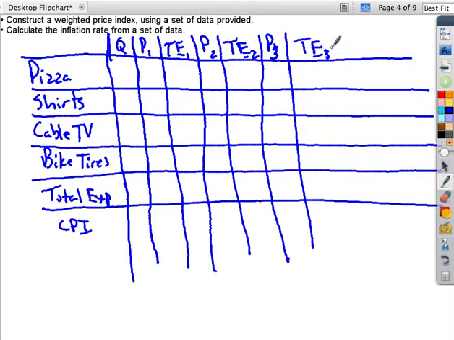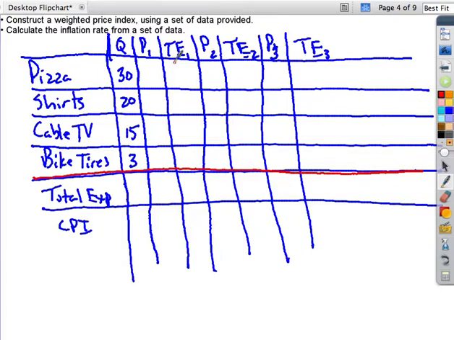All right. So let's just make up some numbers here. So for the quantity of pizzas, let's say we're going to get 30 pizzas, 20 shirts, 15 people buying cable television, 3 bike tires. All right. So let me draw a line here so we can kind of see where the products end and the calculations begin.